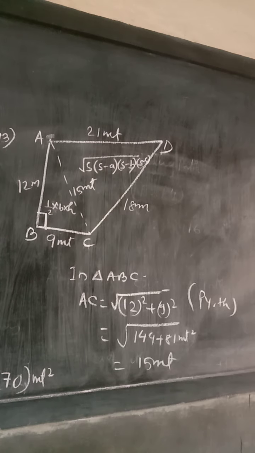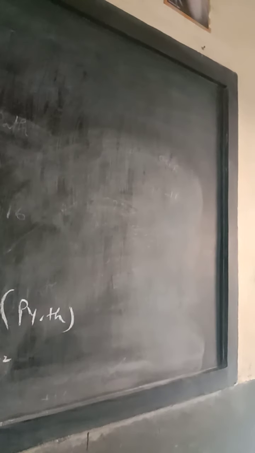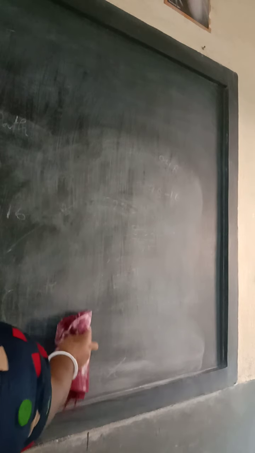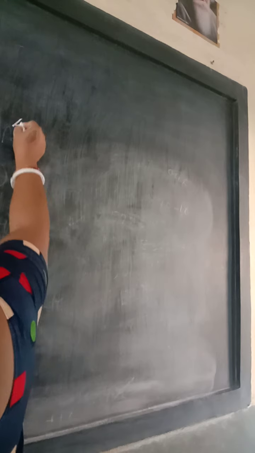Question number 44. It says, find a diagonal of a quadrilateral whose area is 756 centimeters square and the perpendiculars from opposite vertices are 17 centimeters and 19 centimeters. This is a quadrilateral.